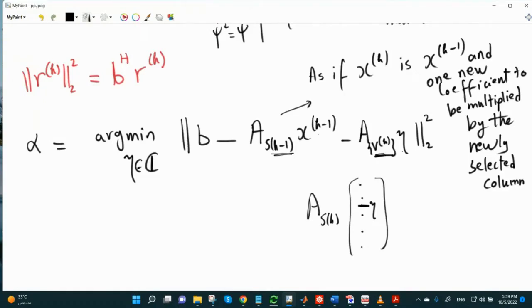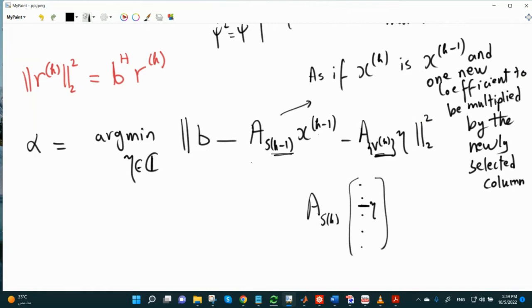Now, in practice, we can have a more simplified algorithm than OMP. So we can do a complexity accuracy trade-off. This will be another algorithm in which we simplify the calculations and reduce the complexity, and of course there will be a price. The performance will not be as good as in orthogonal matching pursuit.